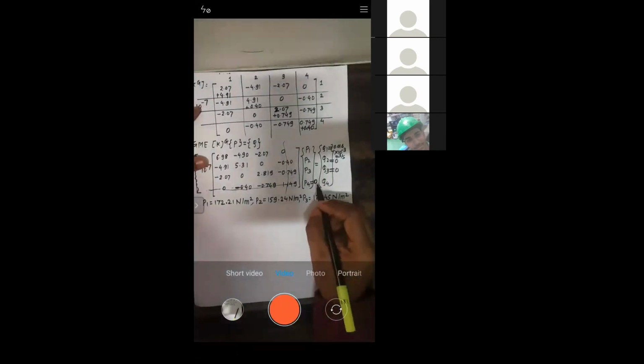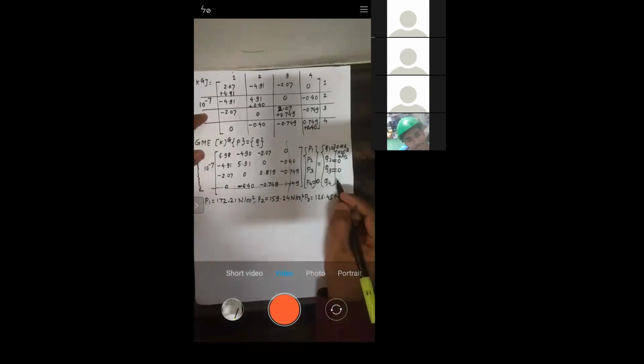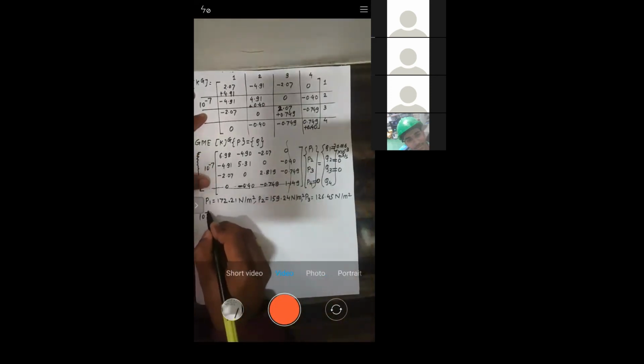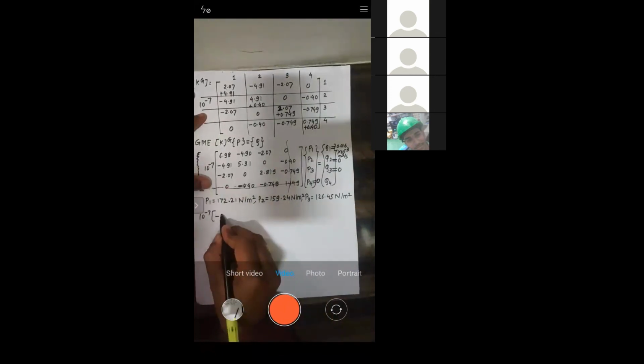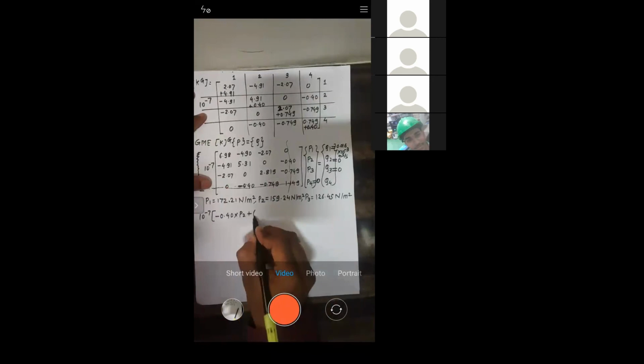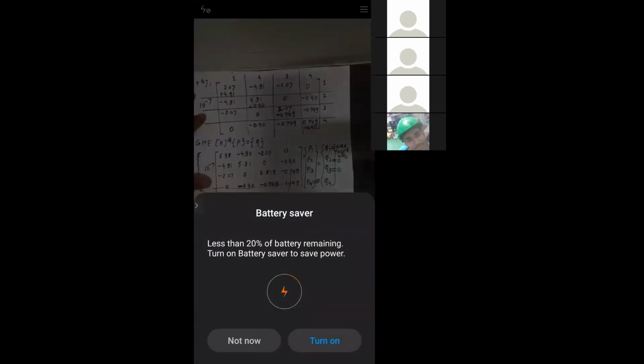Now see the point where displacement is 0. We need to calculate Q4, right? How will we calculate Q4? Just multiply the last row by the column, right? So 10 raised to power minus 7. 0 into P1 is 0. Then minus 0.40 into P2 plus minus 0.749 into P3 plus 1.149 into P4.